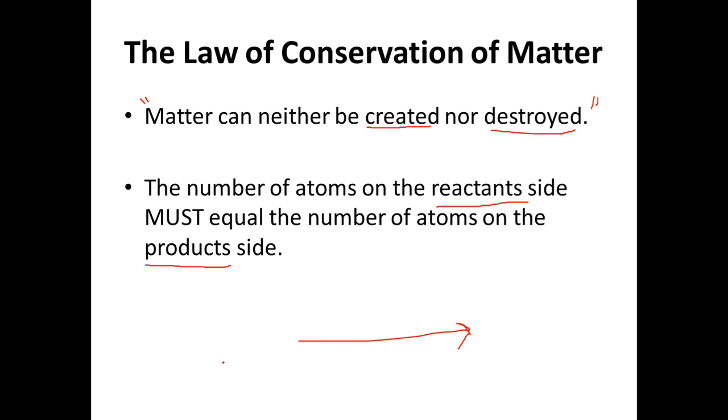If I have 4 on this side, I have to have 4 on this side as well, due to the law of conservation of matter. We just want everything to be in balance. Think of it as a scale. We want it to be even on both sides so that it's not heavier on one side than the other. All right, so we've covered our groundwork.